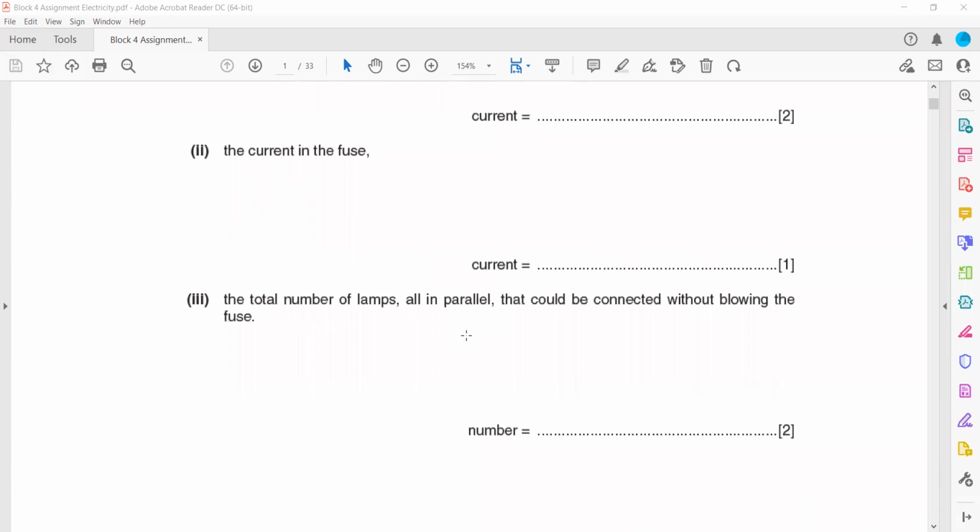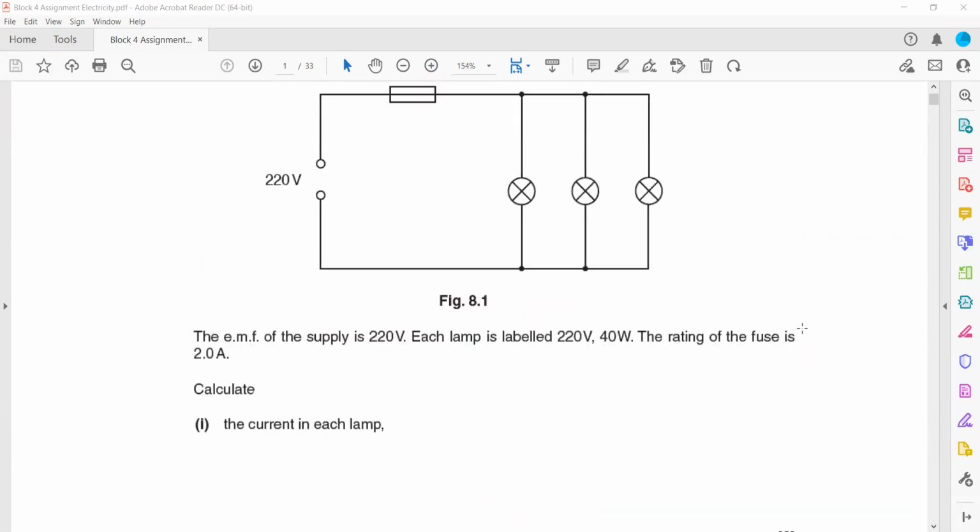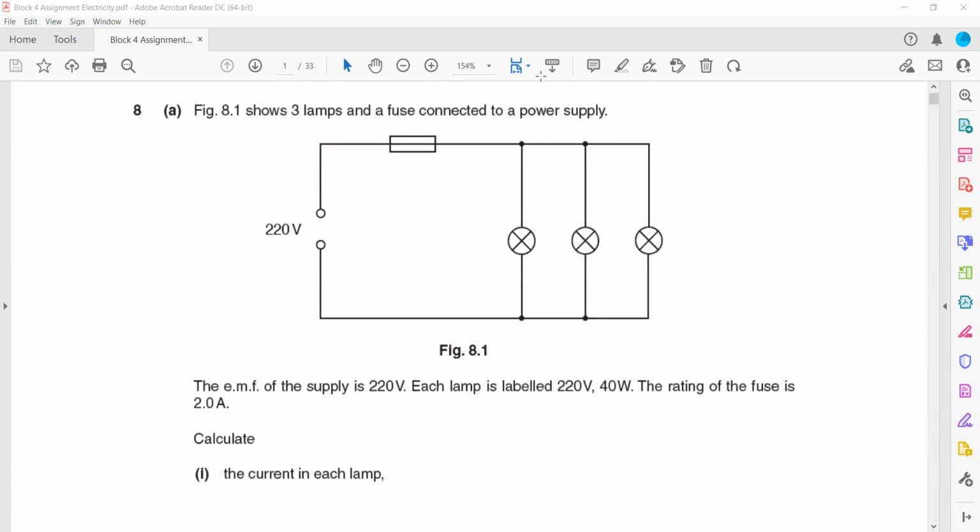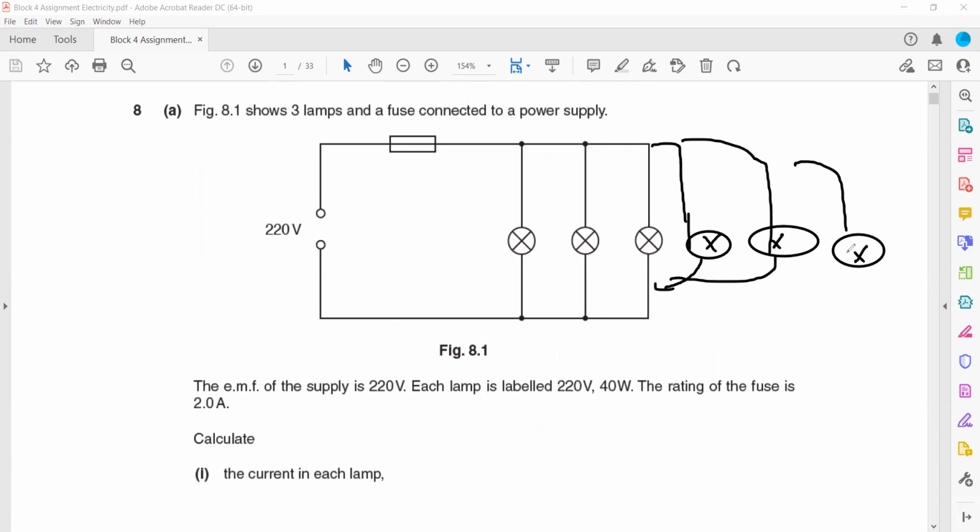Then, how many lamps can be connected in parallel so that the fuse will not blow? We know the current in each lamp is 0.18. If we connect another lamp, and another, how many lamps can be connected?